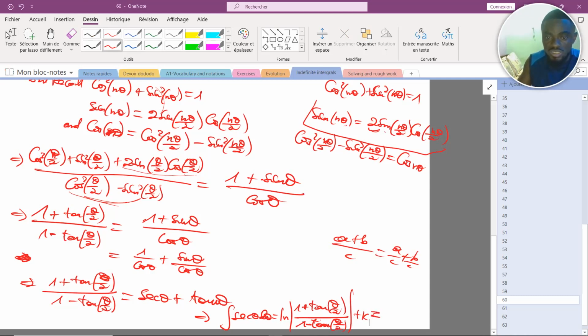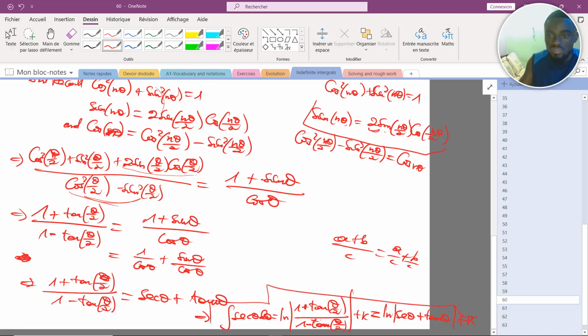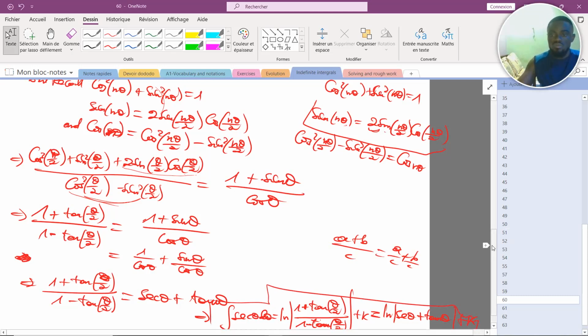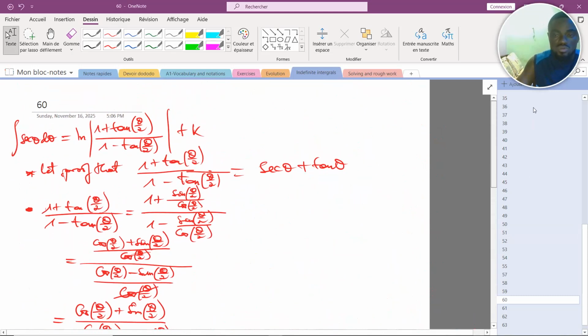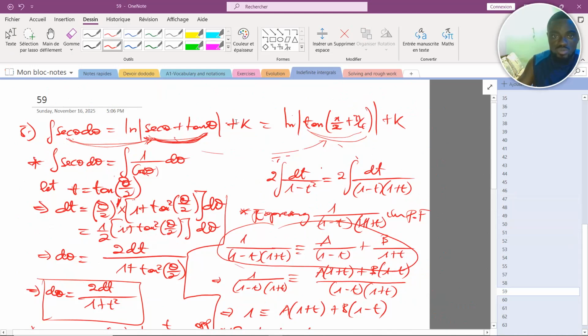Since we proved that this is equal to sec theta plus tan theta, we just replace it inside here. So this will be ln of the absolute value of sec theta plus tan theta plus our constant k. So we have proven that this is equal to this. Now, for the second part, we basically need to prove that this sec theta plus tan theta is equal to this. You get what I'm saying?